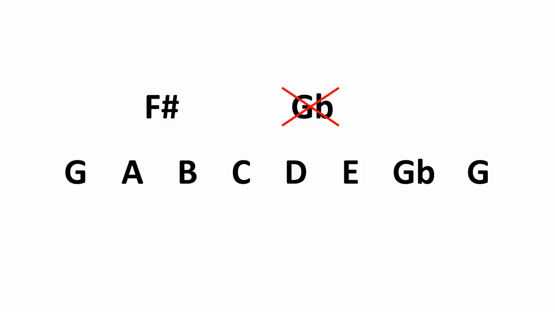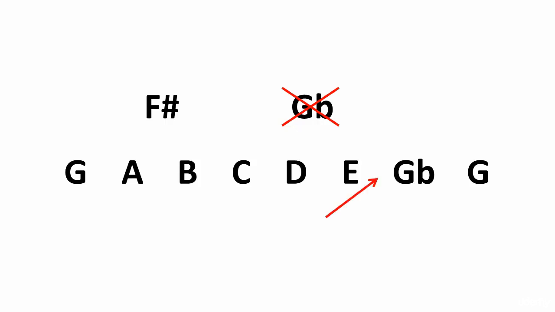Why not? Well, imagine I would have said G flat instead of F sharp. The scale would then be as follows: G, A, B, C, D, E, G flat, G. Perhaps you noticed that when going from E to G flat, there's a sort of a gap.